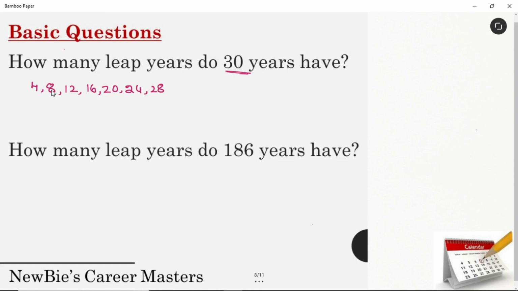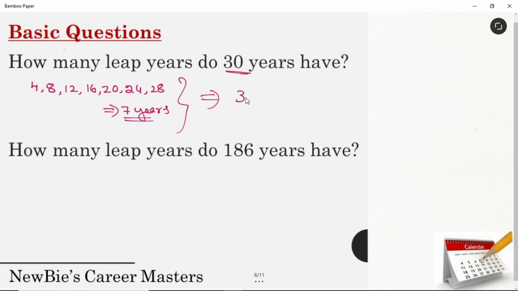So how many are there? 1, 2, 3, 4, 5, 6, 7. Your answer should be 7 years. Out of 30 years, 7 years are leap years, and the remaining 23 years are ordinary years. Listing like this, we can solve it.